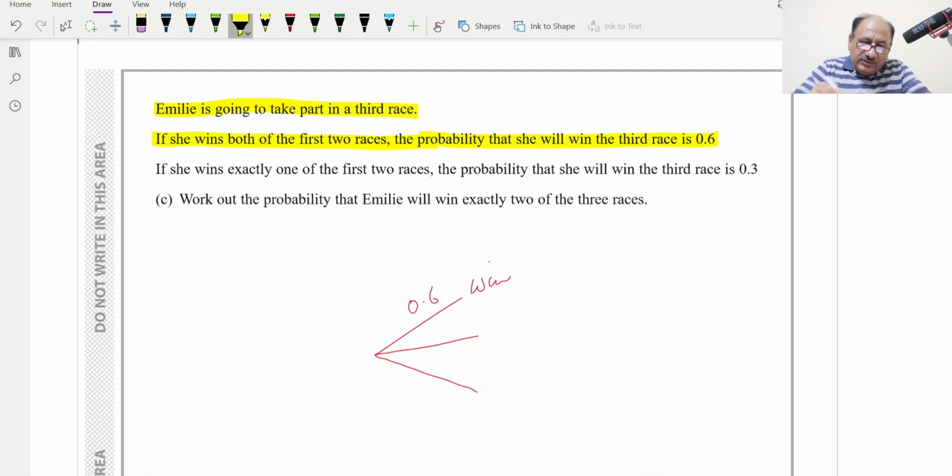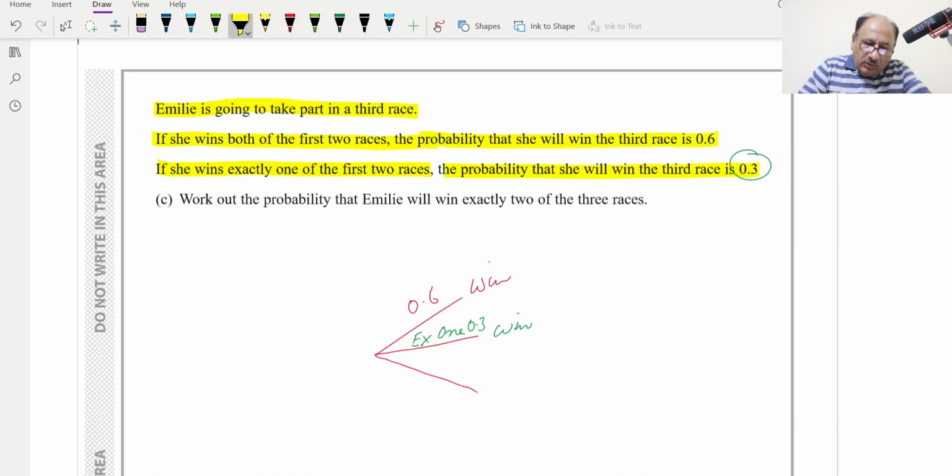If she wins exactly one of the first two races, then the probability that she will win the third race will be 0.3. So exactly one win, and if this is also win, this will be the probability 0.3. This one they have mentioned.